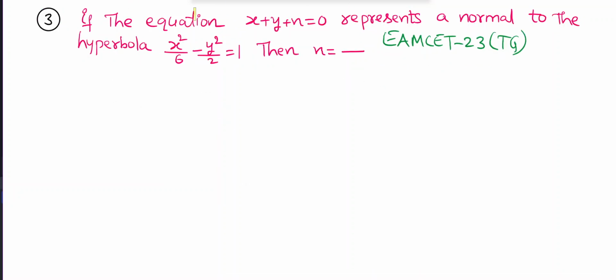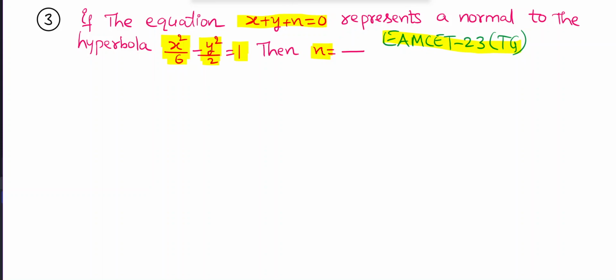This is the third question from hyperbola, EAPCET 2023. If the equation x + y + n = 0 represents a normal to the hyperbola x²/6 − y²/2 = 1, then n is equal to?